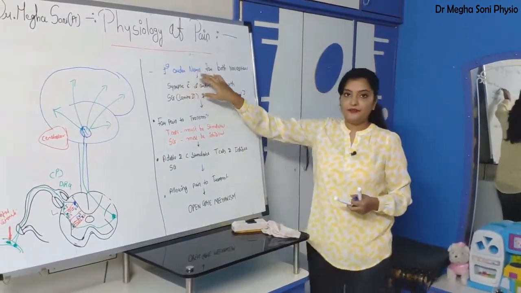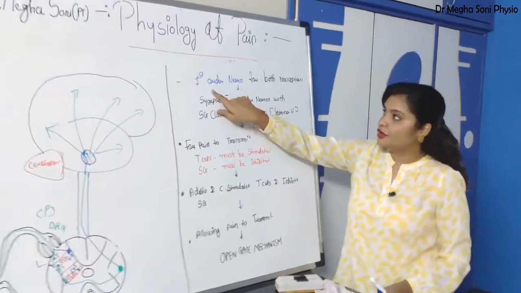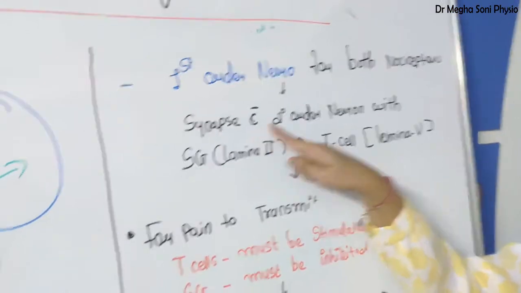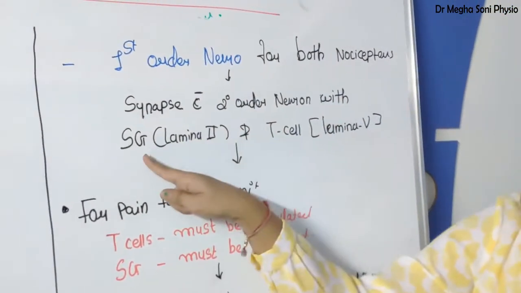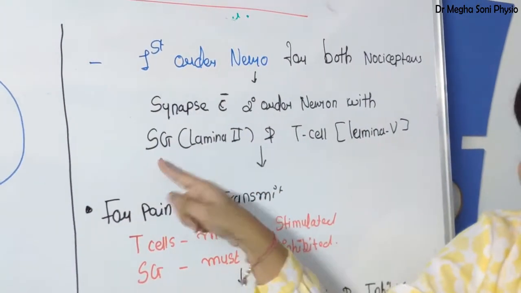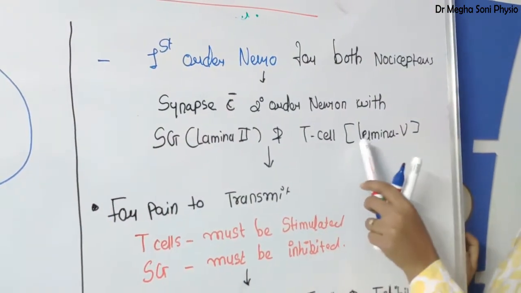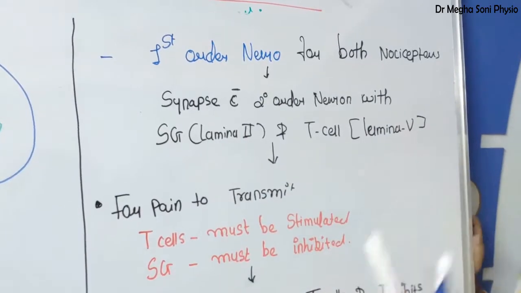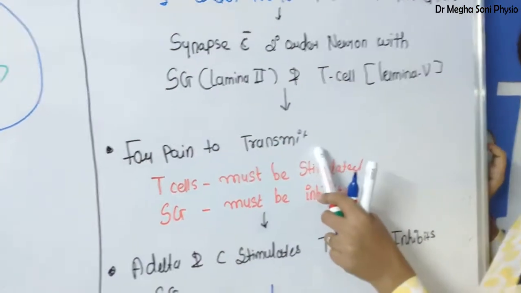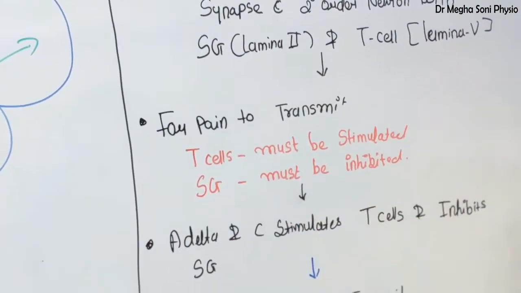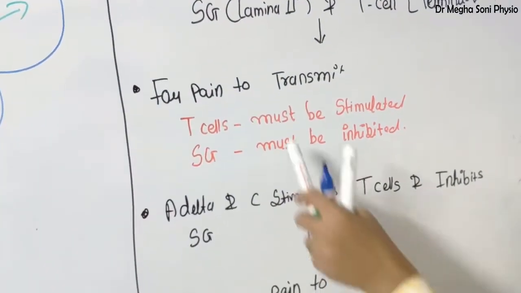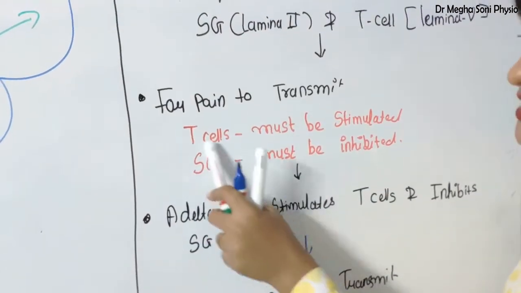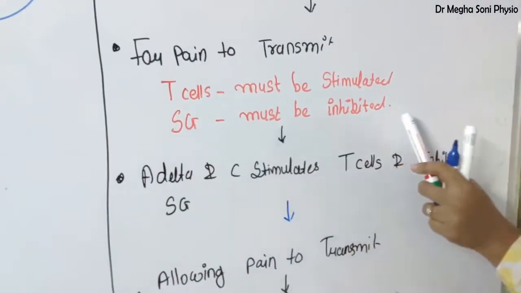You can also see here, the first order neuron for both the nociceptors synapses with the second order neuron, with lamina 2, that is substantia gelatinosa, and the T cell, that is lamina 5. They both synapse with these two laminae. Now for pain to transmit, this T cell, the transmission cell, which is situated in lamina 5, must be stimulated, and this substantia gelatinosa must be inhibited.